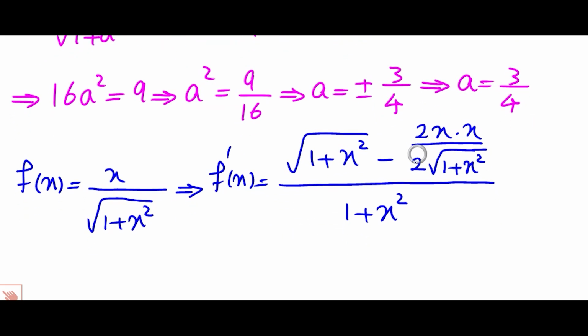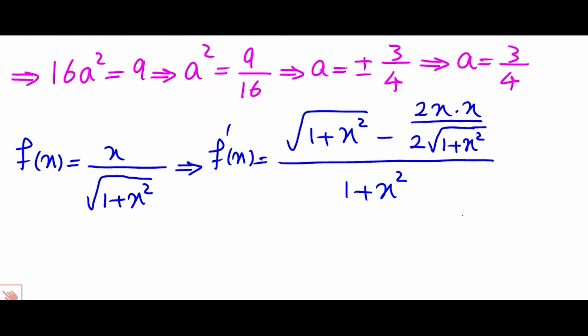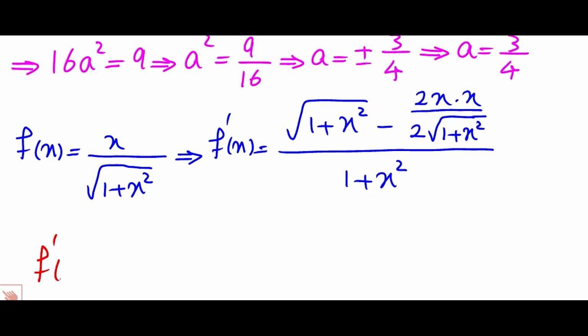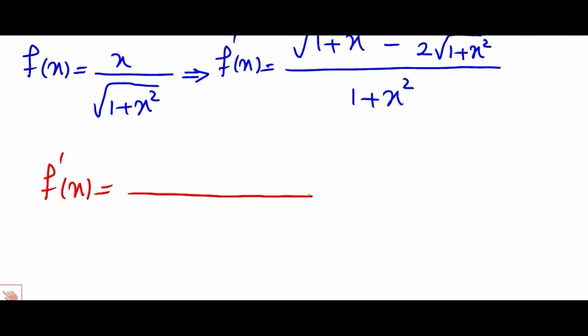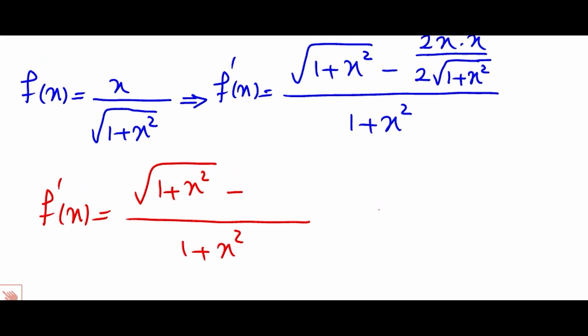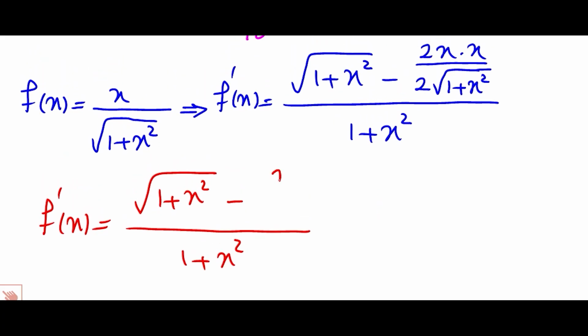Okay, 2 and 2 cancel, so we have f prime of x is equal to the square root of 1 plus x squared minus x squared over the square root of 1 plus x squared, over 1 plus x squared.